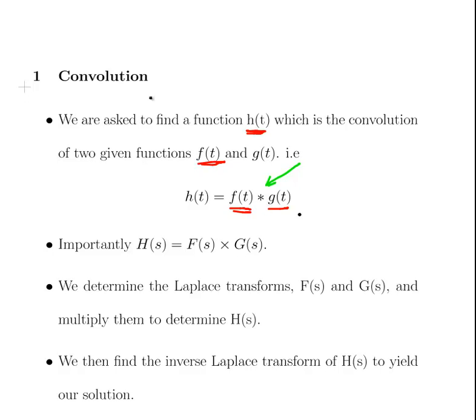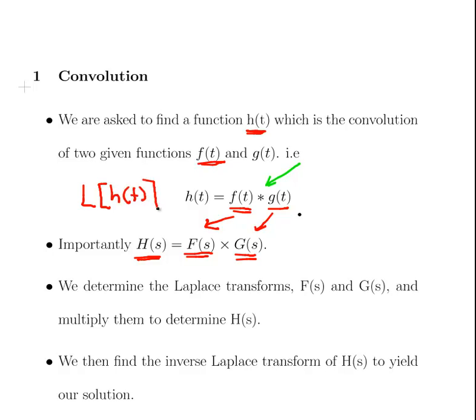Now, we're going to look at this from the point of view of Laplace transforms. What helps us here is that f of s and g of s are the Laplace transforms of f of t and g of t respectively, and if we multiply f of s times g of s, we can determine h of s, the Laplace transform of h of t.